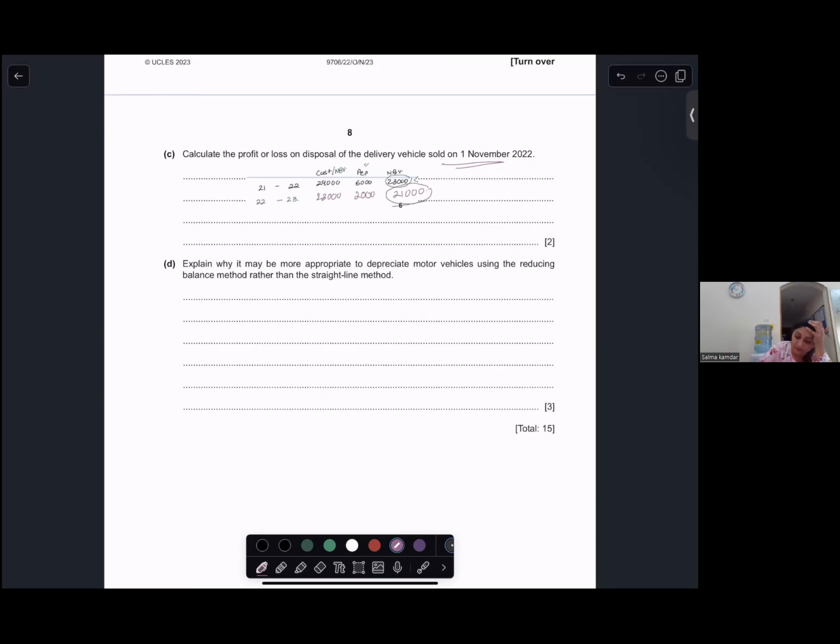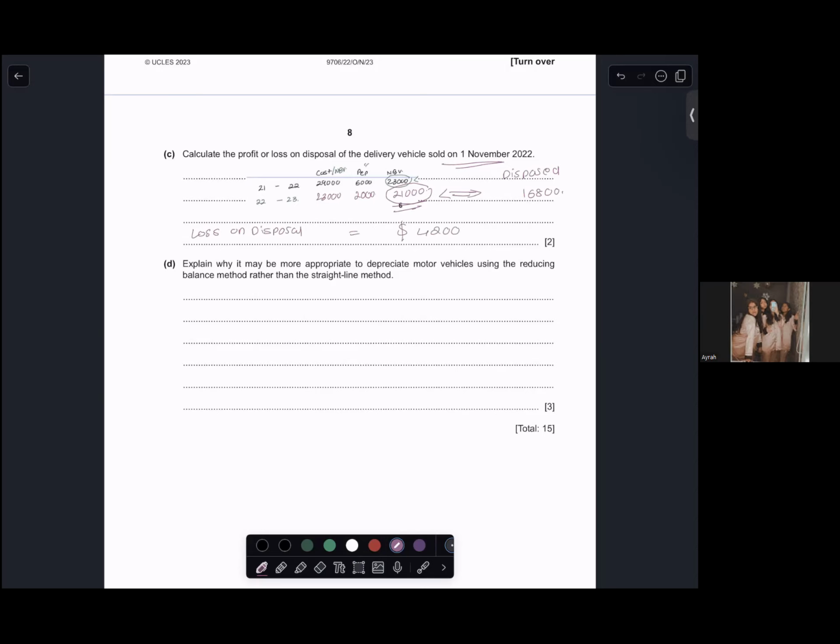So net book value is 21,000. You have disposed it for how much? 16,800. So you have a loss on disposal. So loss of 4,200. Next one.